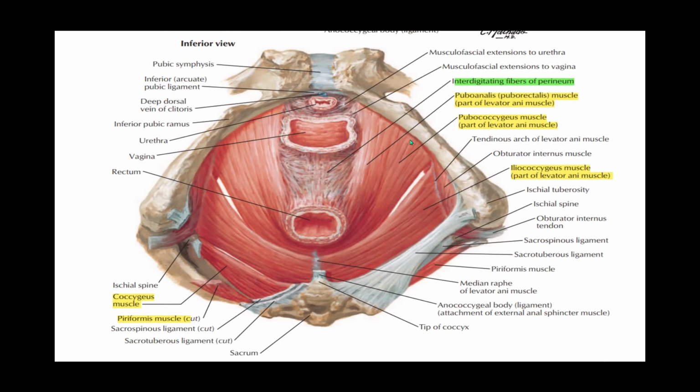And right there we have the pubococcygeus coming from the inferior pubic ramus, going all around to insert into the coccyx. And from the tendinous arch of our levator ani, we can see our iliococcygeus muscle originating and going all the way to insert into the coccyx and the median raphe of the levator ani.